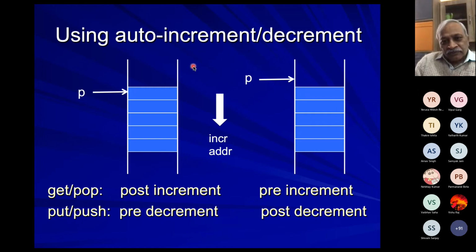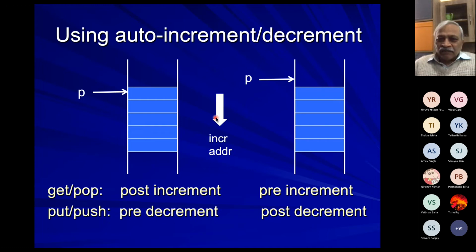So when you push, the address should decrement. Whether it is this case or that case, this is the direction of increasing addresses. You could use a different convention, but I'm using a convention that the stack grows in the direction of decreasing addresses.